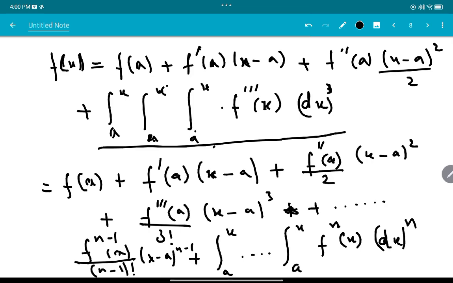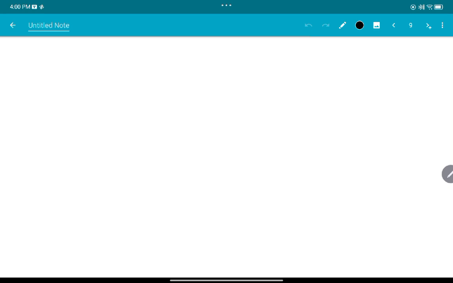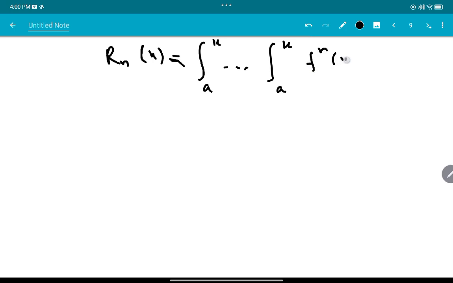This last term is called the remainder, and we write it as R n x. R n x is this term: integral a to x, dot dot dot, then f n x divided by n factorial.